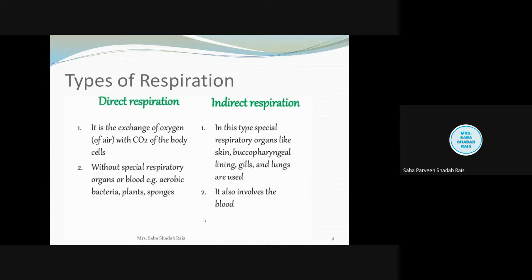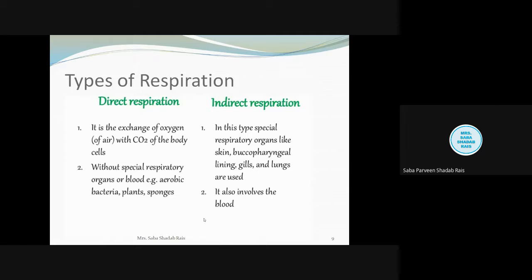Simple organisms like the amoeba, hydra, and flatworm show such gaseous exchange by a simple process. How does the respiration occur here? Very simply: the gas will diffuse across the general body surface.